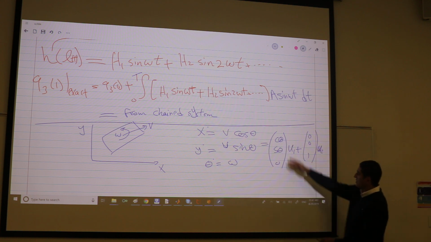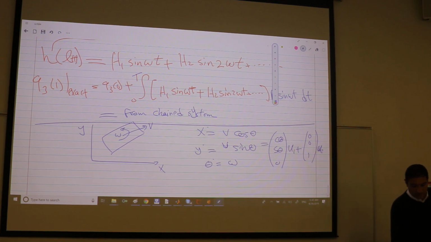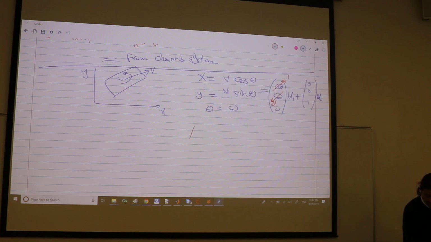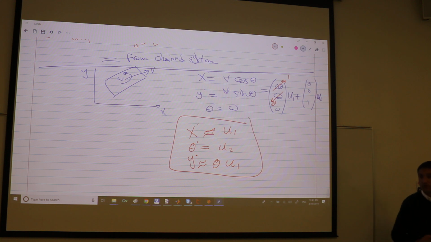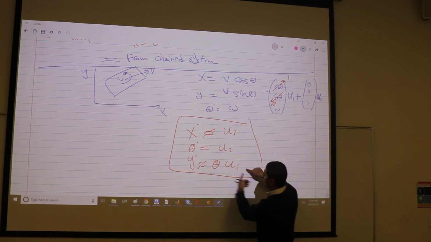Obviously, it's not in chain form, but you can approximate. Around the origin the cosine will be just 1, the sine will be just theta, and with a flip of the order, I would have x dot and theta dot first, then y dot. So this is approximately u1, this is exactly u2, and this is approximately theta times u1. This is a chain form, right? u1, u2, and then the previous state times u1, and so on.